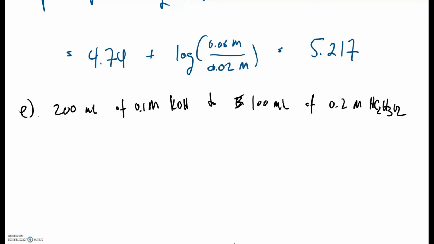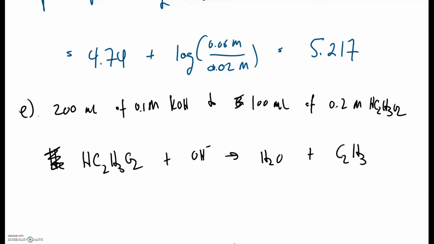Okay, so here is our reaction. I keep writing that 2 there, and I don't need to do that. My erase function has stopped working, so HC2H3O2 plus OH minus yields water and acetate.